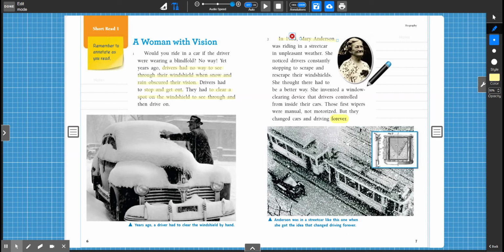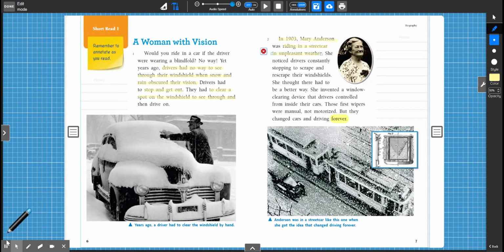So go ahead and highlight, where did she think of this idea? Did you say she was riding in a streetcar?